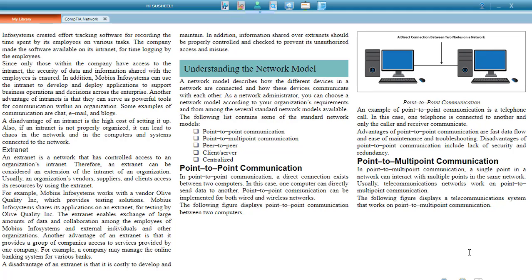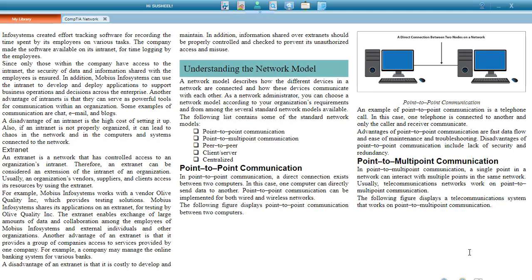Understanding the network model. A network model describes how the different devices in a network are connected and how these devices communicate with each other. As a network administrator, you can choose a network model according to your organization's requirements and from among the several standard network models available.